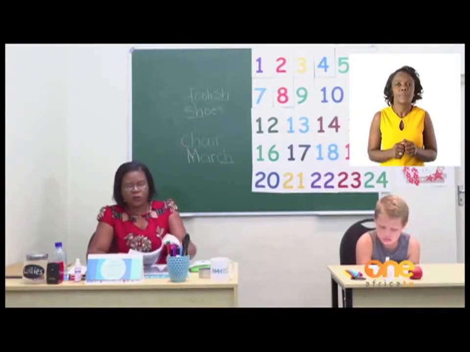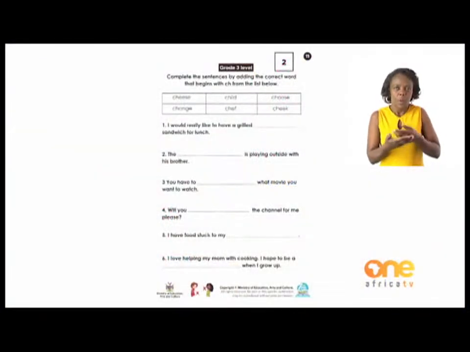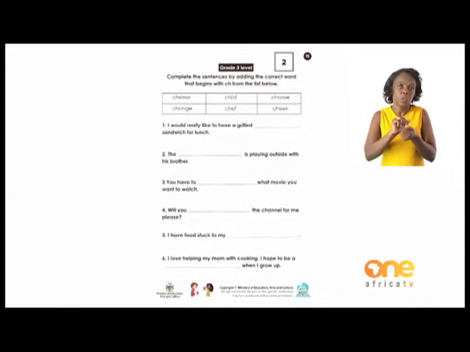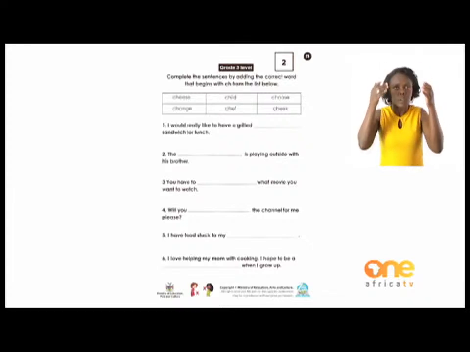Okay, let's continue to page 11. We are still with our sounds, but on page 11 we are just going to look at the ch. Only the ch, the k and the h. We read together the words which are there in the table. We have cheese, child, choose, change, chef, and chick.